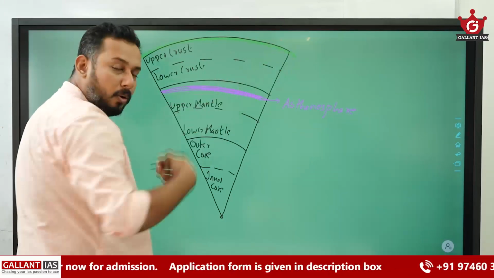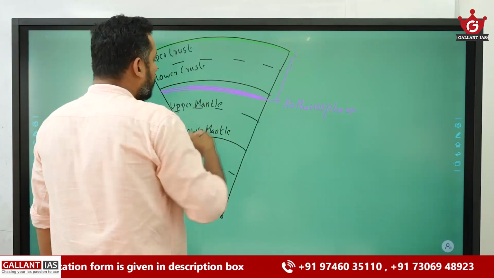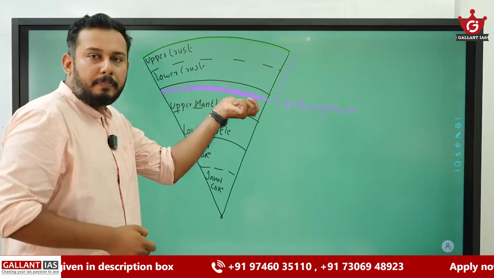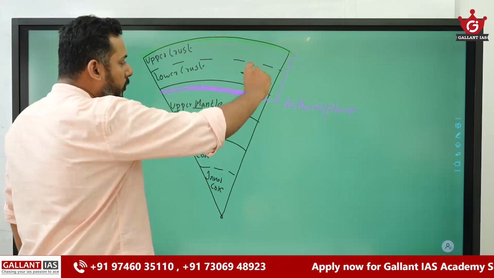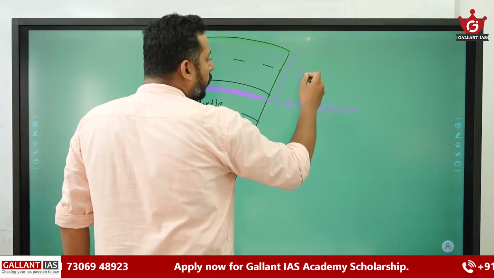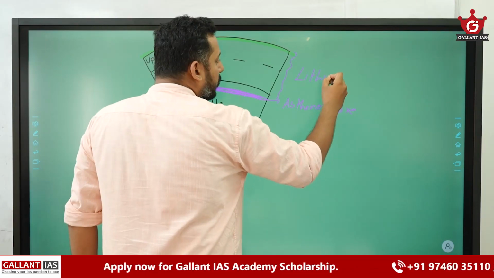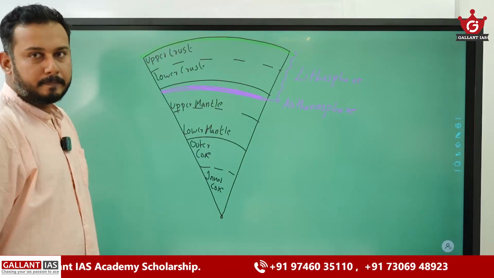The region above the asthenosphere, which includes some portion of the upper mantle and the crust, is called the lithosphere. So the lithosphere consists of the crust and some part of the upper mantle.